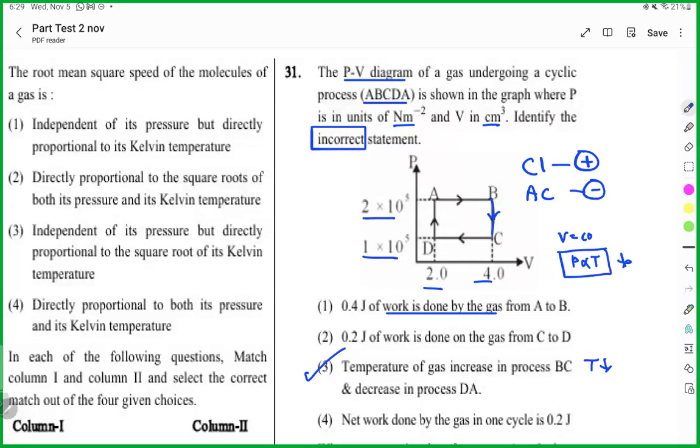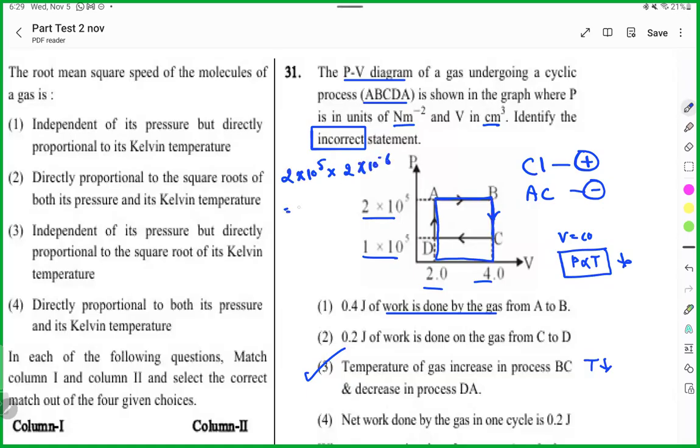Work done from A to B will be total area, like this whole area. So you will multiply 2 into 10 raised to power 5 multiply by 2 into 10 raised to power minus 6.